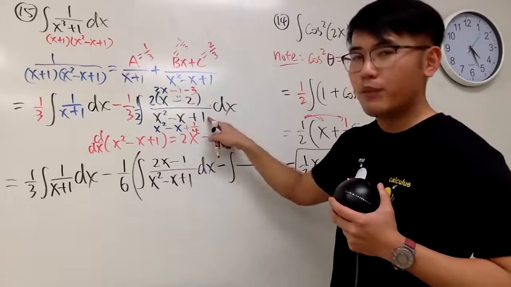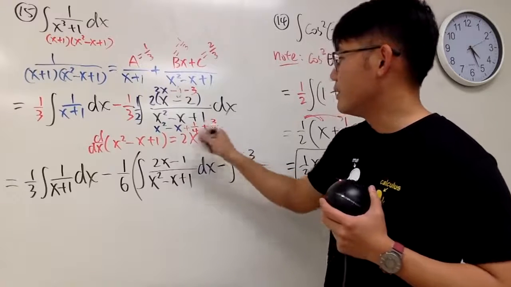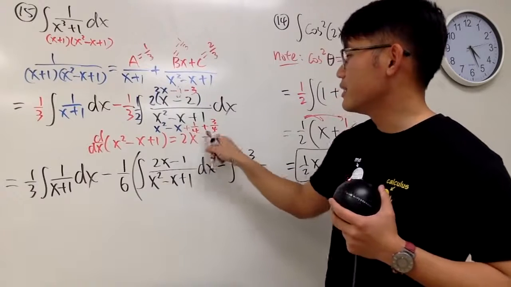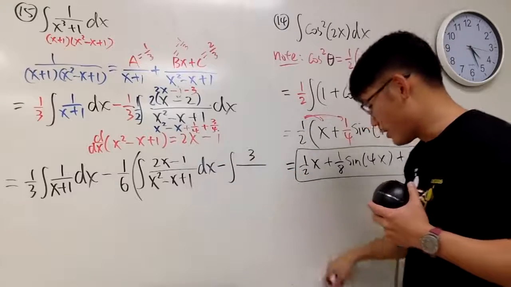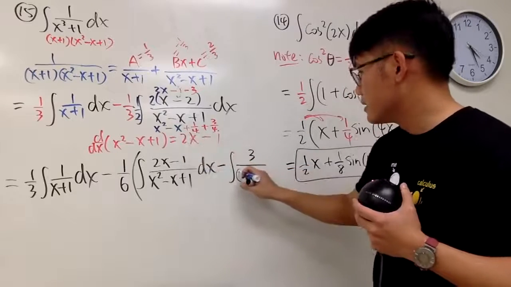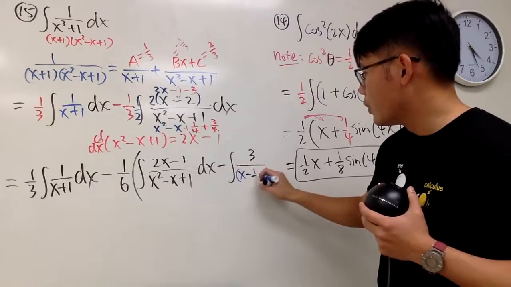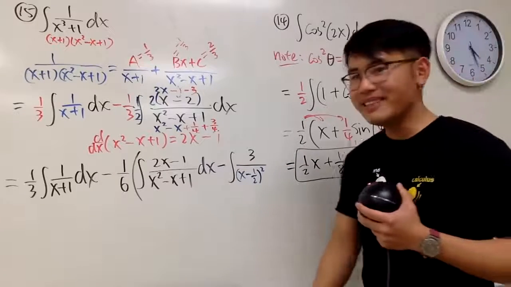But originally I have 1, so I need plus 3 over 4. And as I said, this and that is still the same, and that will give us a perfect square. And the perfect square is going to be (x minus 1/2) squared, like that, okay?